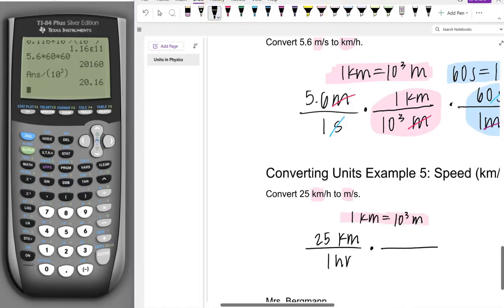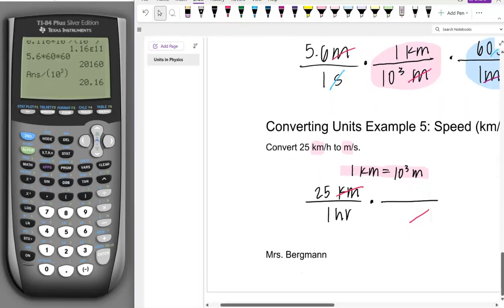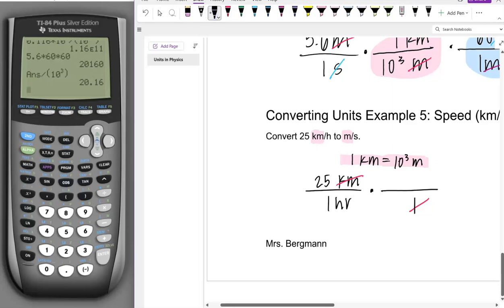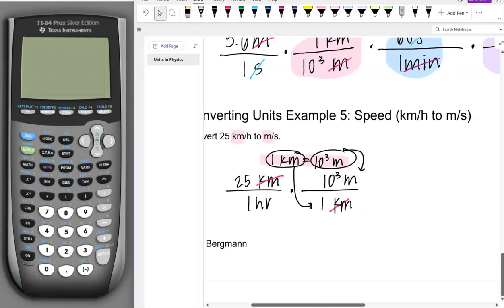But this time, kilometers is starting out on top in the first fraction, so we want to put kilometers on the bottom in the second fraction so that it'll cancel out. The 1 has to go with that, so we put the 1 kilometer on the bottom. The 10 to the third meters goes on the top. Okay, so that takes care of the distance conversion.